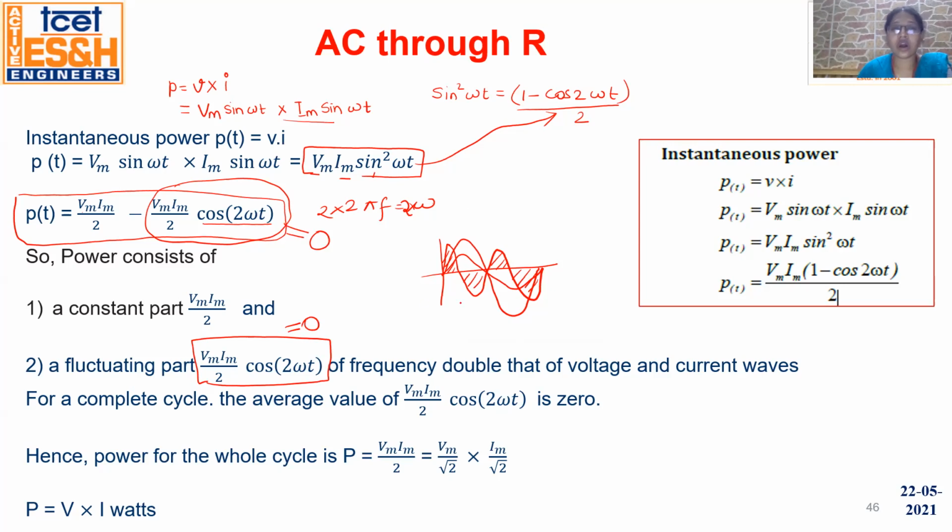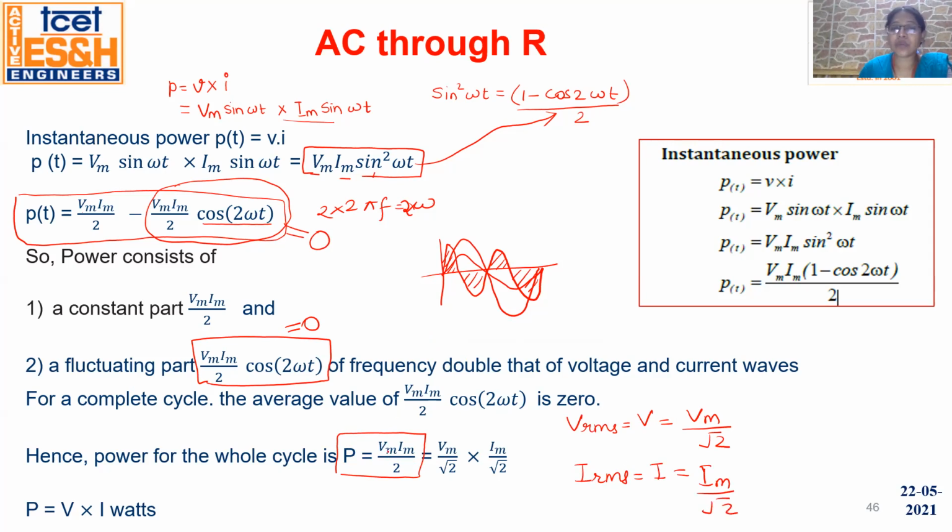So the whole power is only P is equal to Vm Im by 2, and we know that Vrms is Vm by root 2 and Irms is Im by root 2.